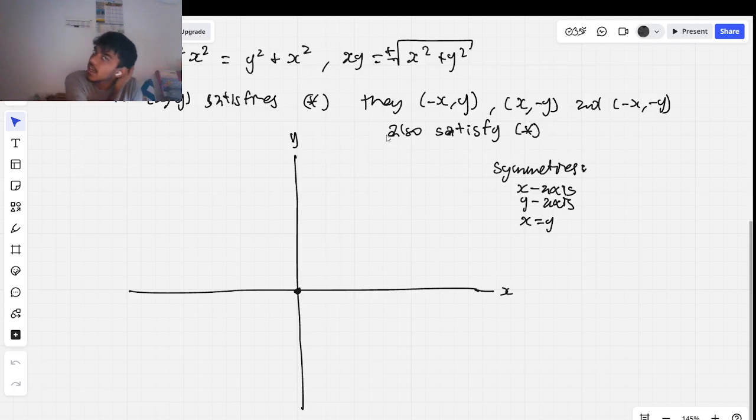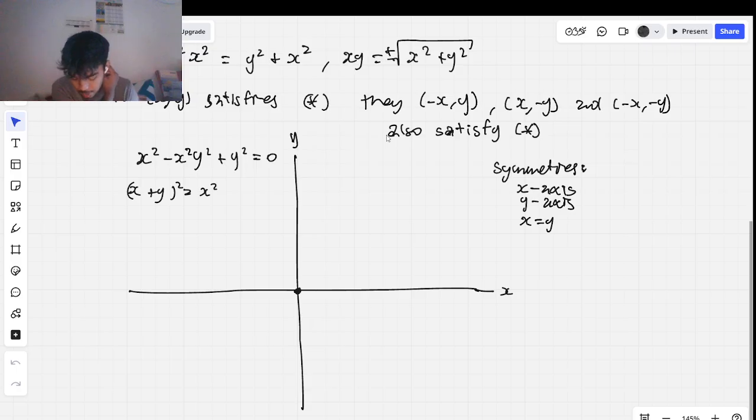I could think of this as, oh, I could perhaps do this. I can rewrite this as x squared minus x squared y squared plus y squared is equal to 0. Just to check, x plus y squared is x squared plus y squared plus 2xy.